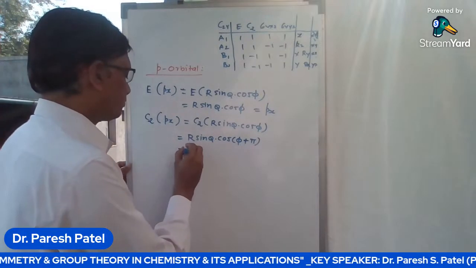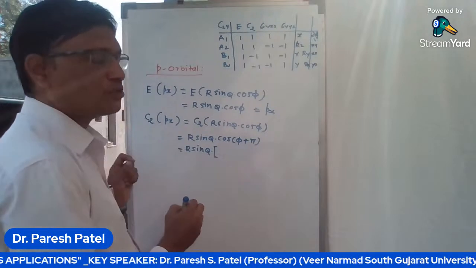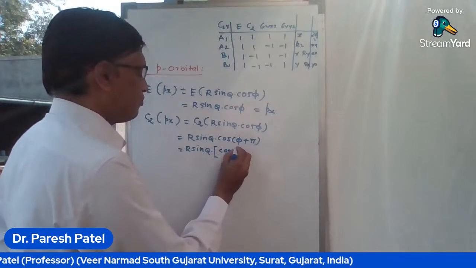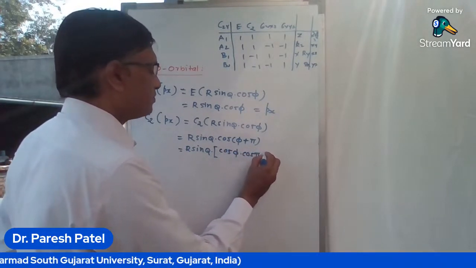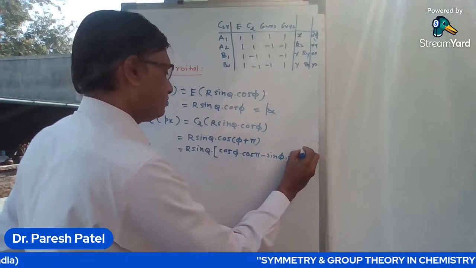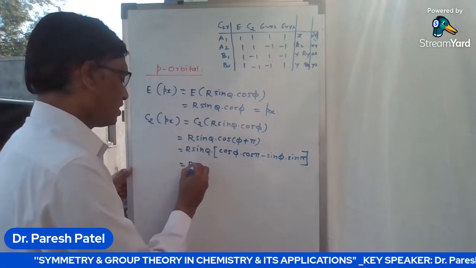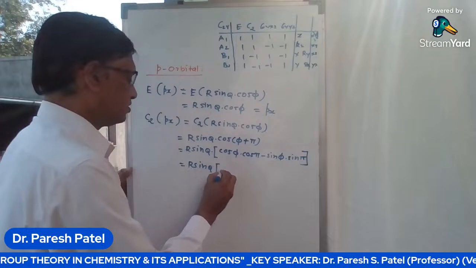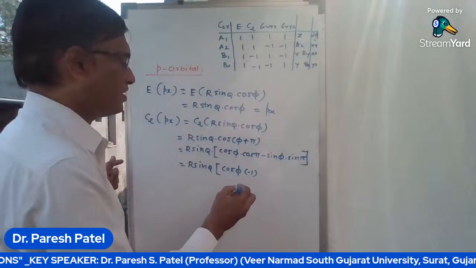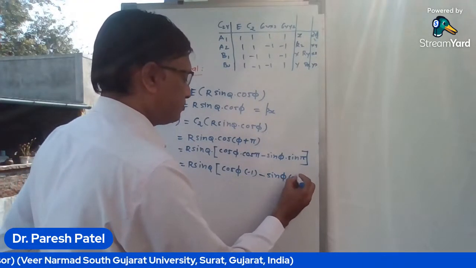So it is r sin theta cos of phi plus pi, and cos(A plus B) is equal to cos A cos B minus sin A sin B. So cos phi cos pi minus sin phi sin pi is equal to r sin theta, where the value for cos pi is minus 1 and sin pi is equal to 0.